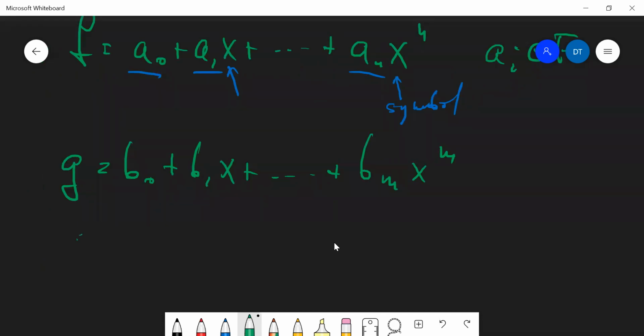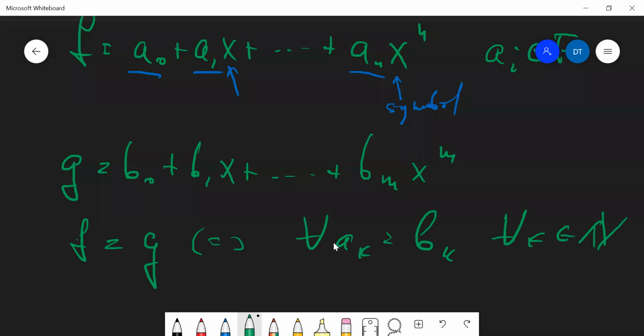I will say that the polynomial f equals g if and only if all the coefficients are the same. And here I assume that if k is strictly greater than n, then ak is 0, and if k is strictly greater than m, then bk is also 0.